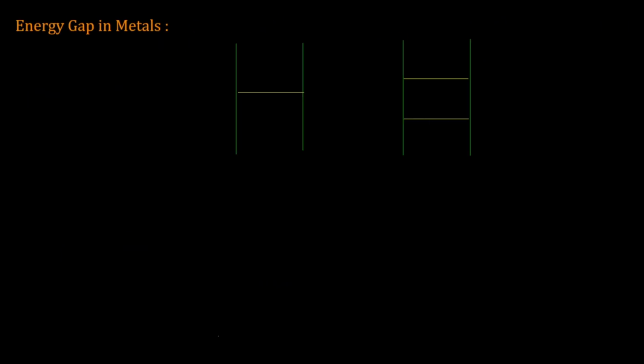Now let us understand the energy gap in metals as well. In metals, EV and EC both coincide with each other at T equal to 0 Kelvin. And at T equal to 300 Kelvin, EV and EC overlap, with this being my conduction band and this my valence band.